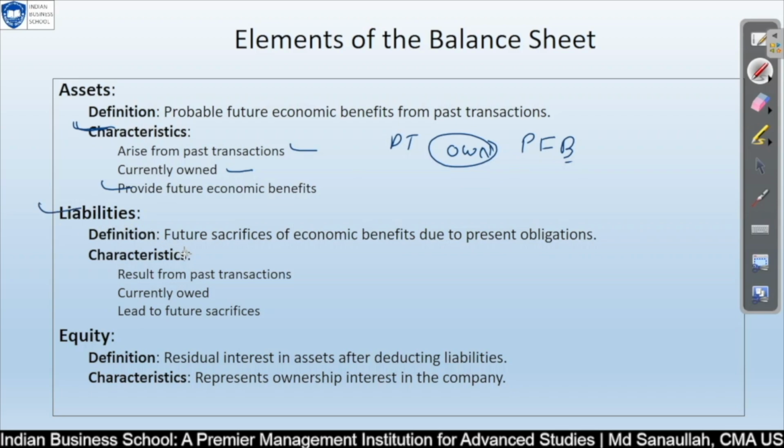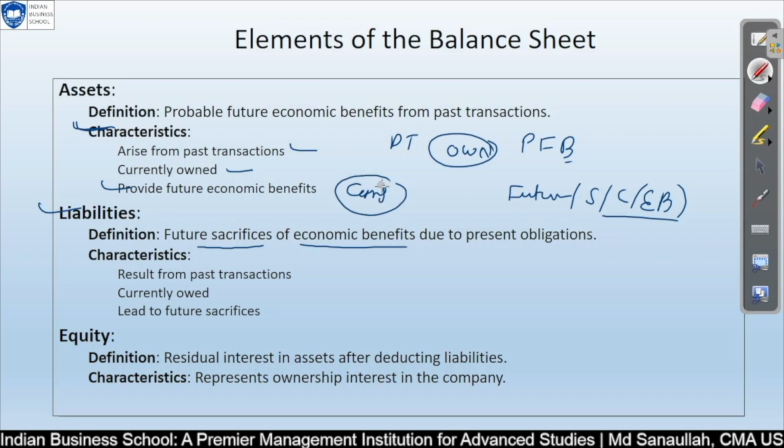Now if we talk about liability, it is future sacrifice of economic benefit. In future we are going to sacrifice cash or any economic benefit. Currently we have consumed the benefit or whatever it is, so when we have consumed something, we have to pay for that, right?